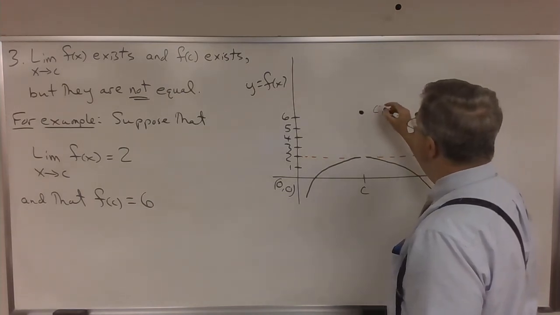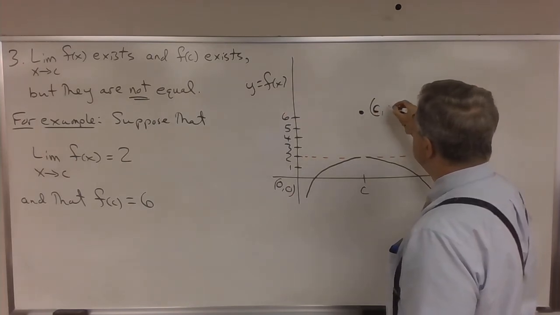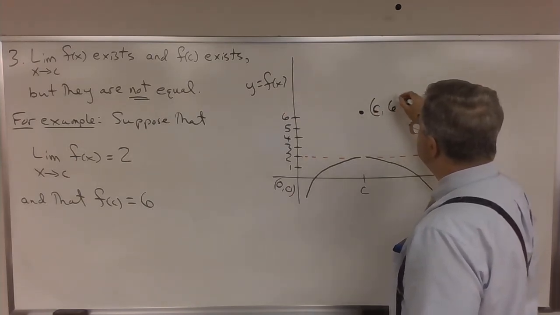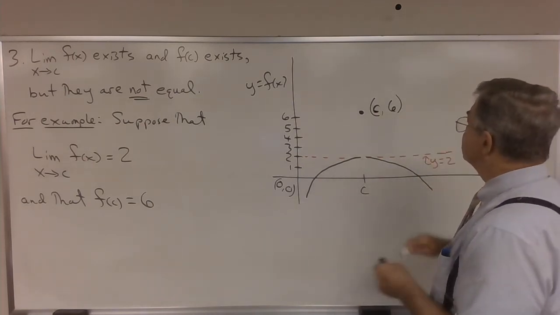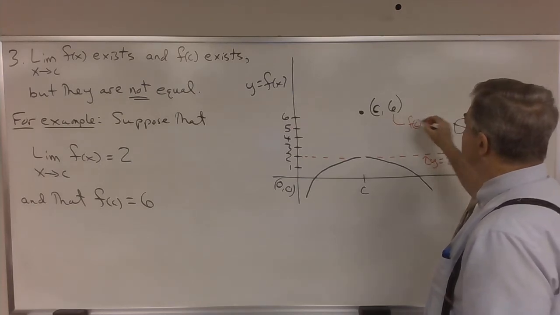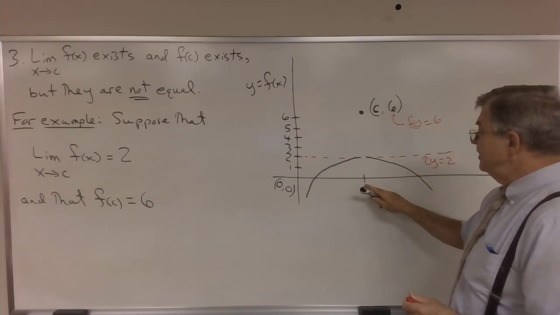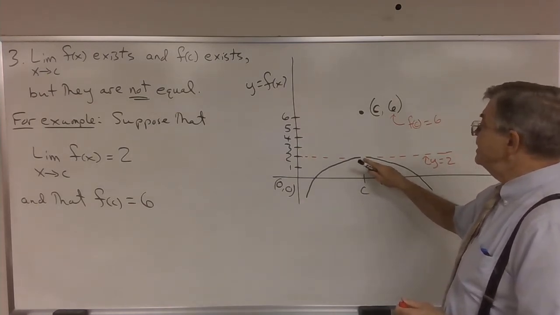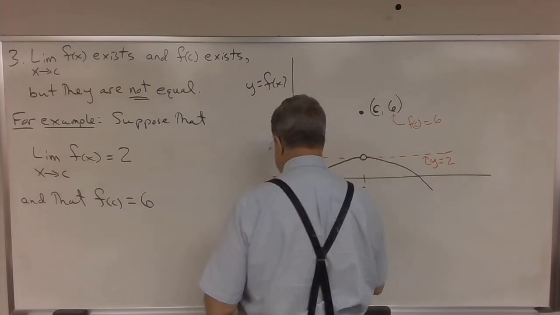So x is c, and the y value, f of c, is 6. So when x equals c, f of x is not equal to 2. So we've got an open space right here.